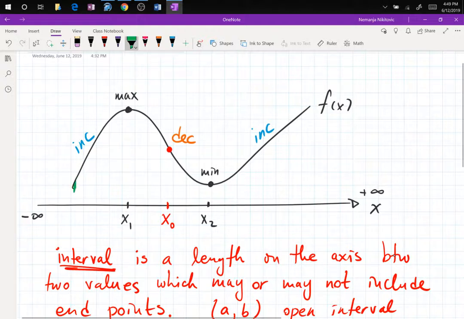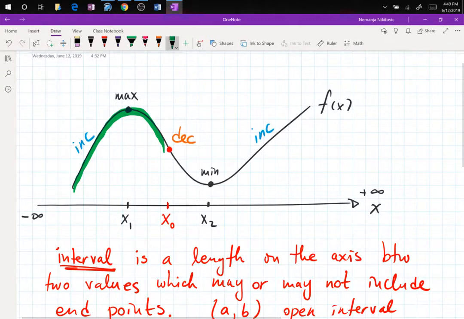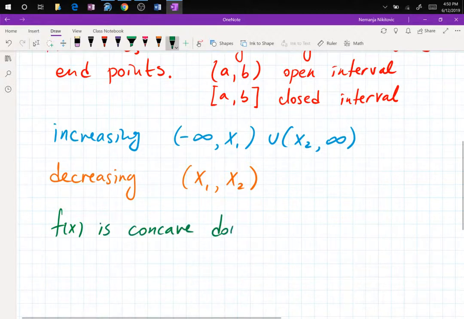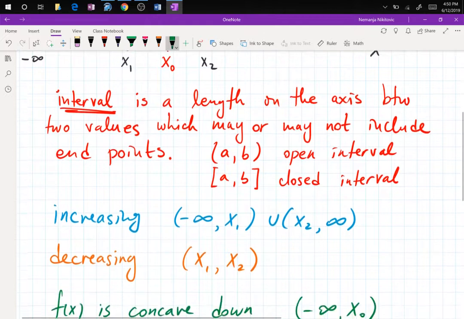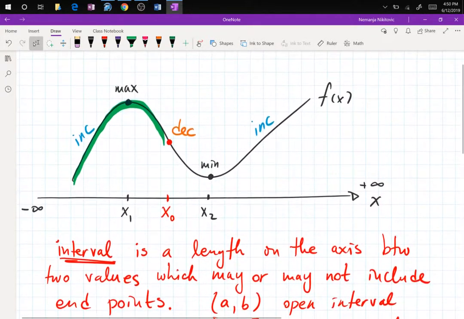I'm going to highlight this part of the graph up to the point, and for this part in green, f of x is concave down, from negative infinity to x0.